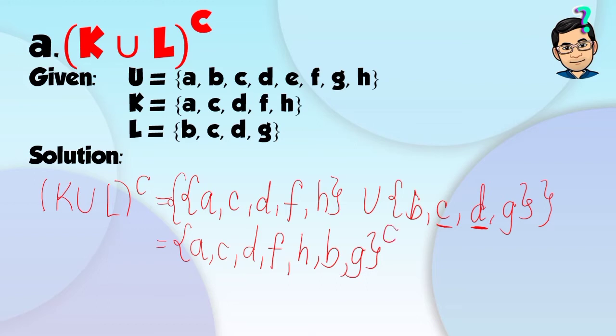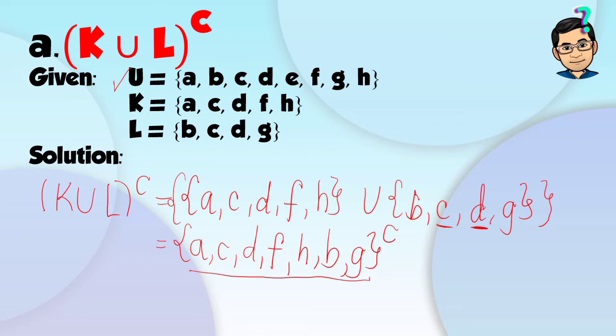Now, so kapag kinuha na natin yung elements nila, madali na lang yung complement. Okay. So, kung titingnan natin yung mga elements ng sagot natin na K union L, ano yung mga elements na wala dito na makikita sa universal set? So, we have A. Ayan, meron tayong A. B, meron din. C, meron din. D, meron din.